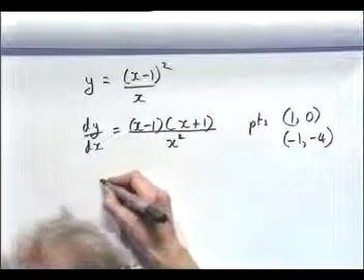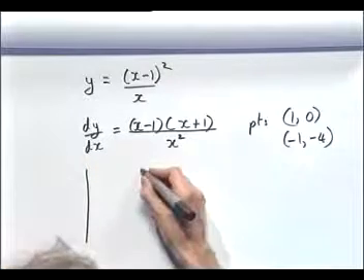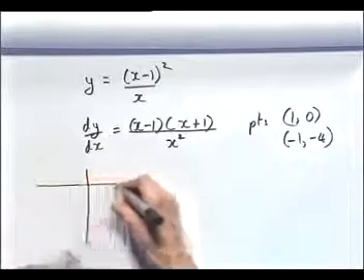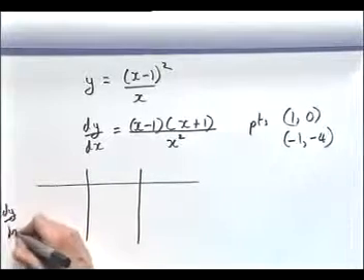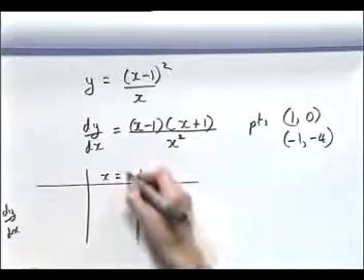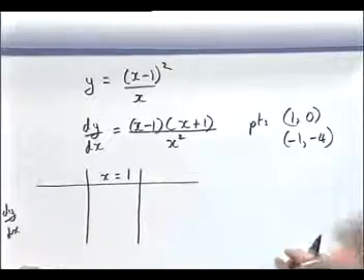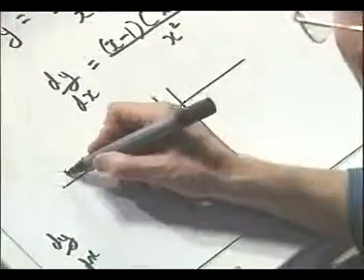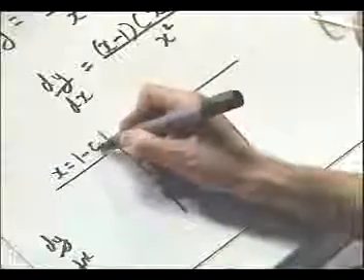So let's set this up, and the way we're going to set it up is to have a little table. So here's dy by dx. And here is the point we're interested in at x equals 1. Now I want to look a little bit before x equals 1, so I'm going to say this is x equals 1 minus epsilon.